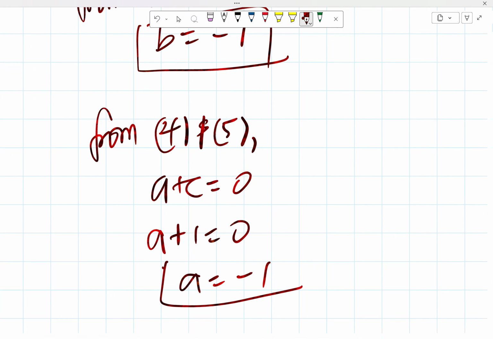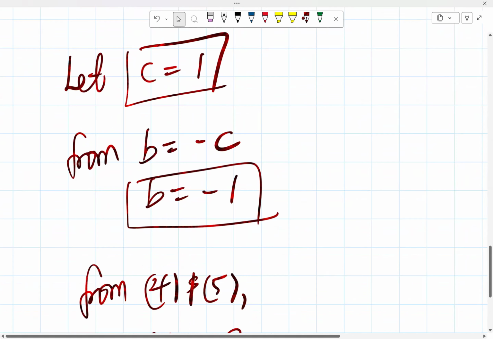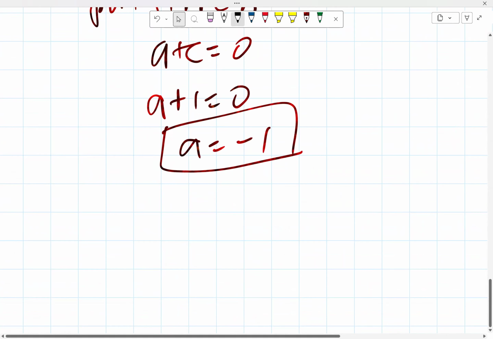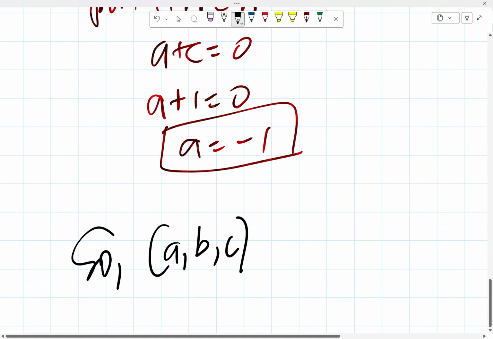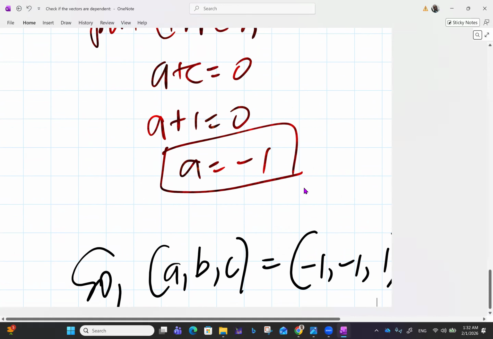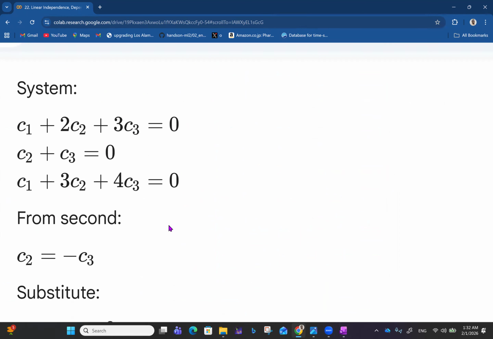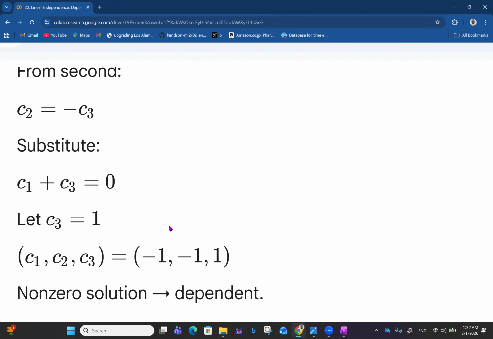And that's a possible solution, because you could as well just say C is equal to 2, and then you get all the other ones like that. So you can say A, B, C is equal to minus 1, minus 1, 1. So that's a non-zero solution. If you had got only the zero solution, you would have said that those vectors are linearly independent.